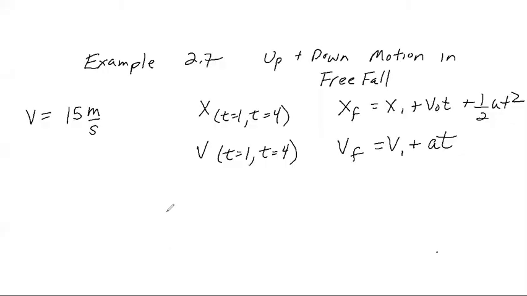Now I need to solve for my velocity at t = 1 second and t = 4 seconds. So my velocity: V final equals V initial plus acceleration times time.